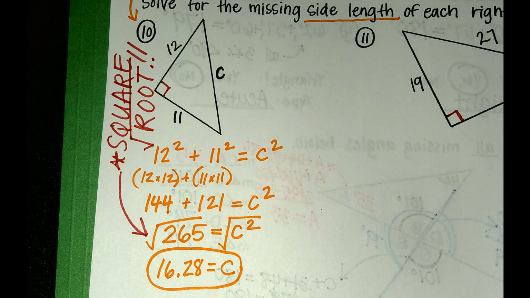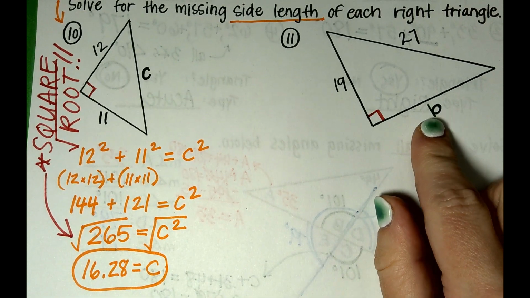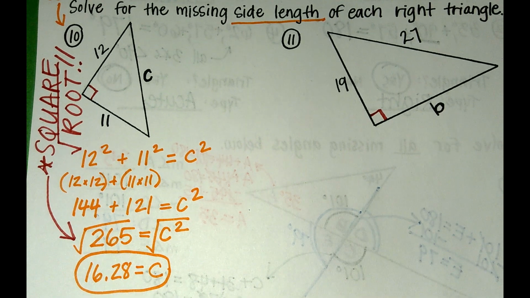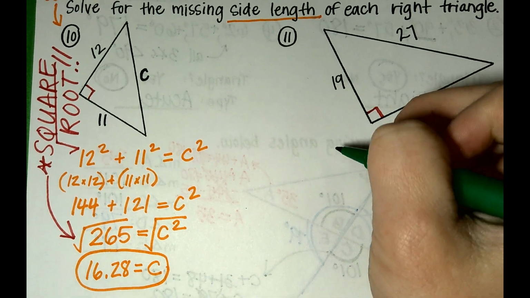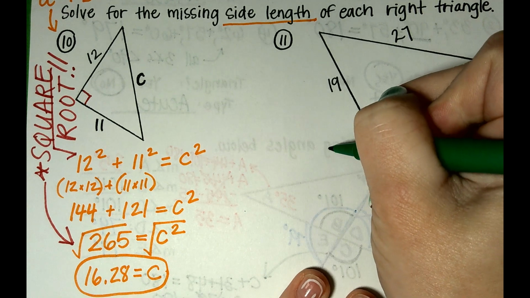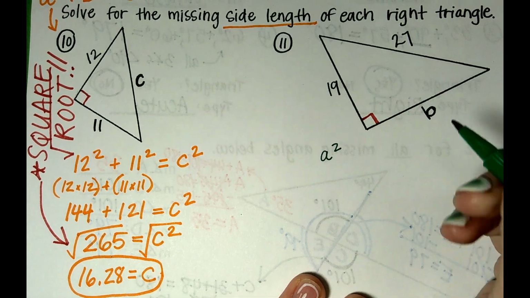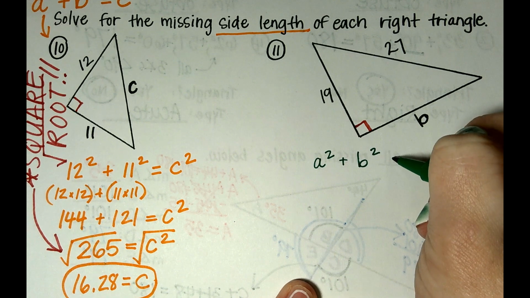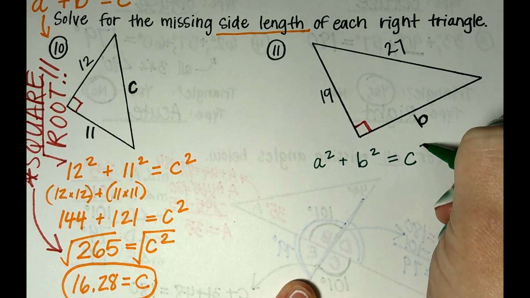Okay, now let's look at number 11. Now number 11, we're trying to solve for B, not C. So we're going to set this up a little bit differently. Remember, we're using, and I'm just going to rewrite that formula, A squared plus B squared equals C squared.